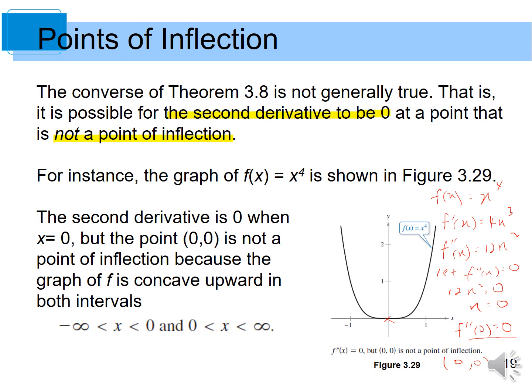Look at this interval: from negative infinity to 0, the curve is concave upward. And from 0 to infinity, the curve is also concave upward. So the point (0, 0) is not a point of inflection.